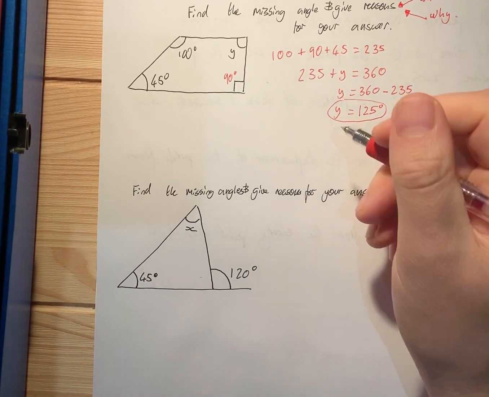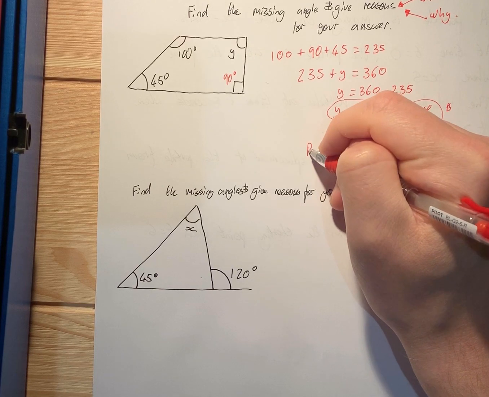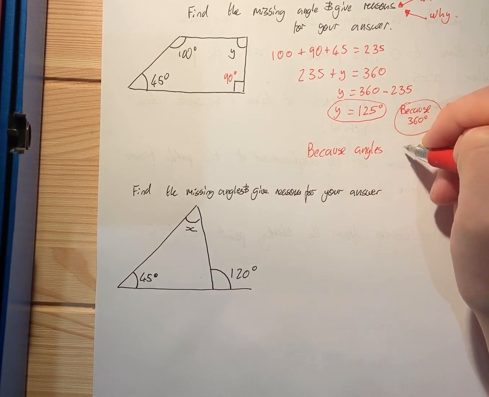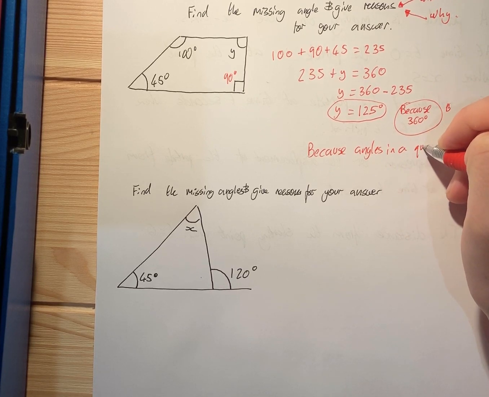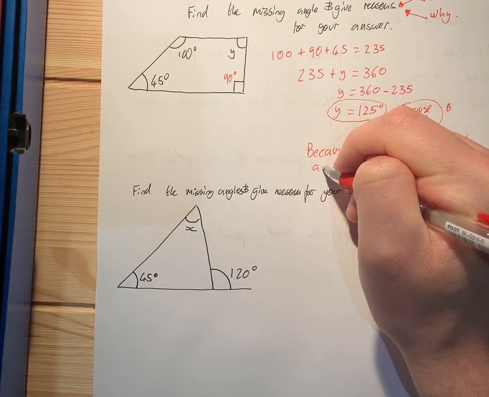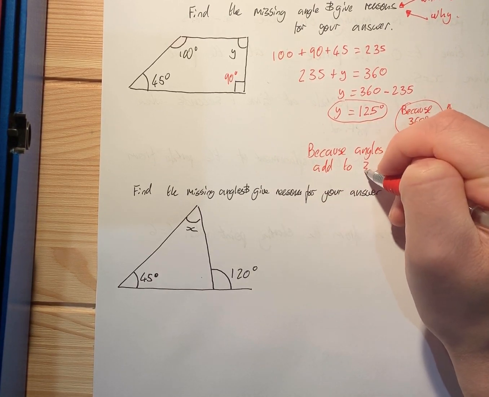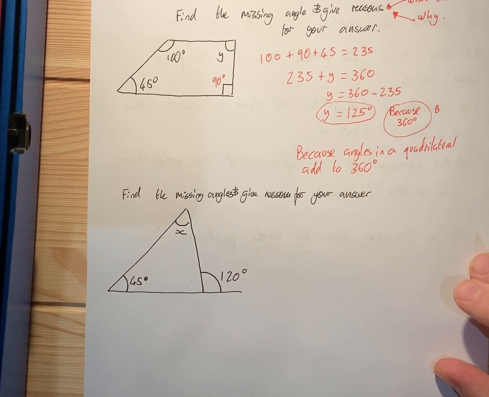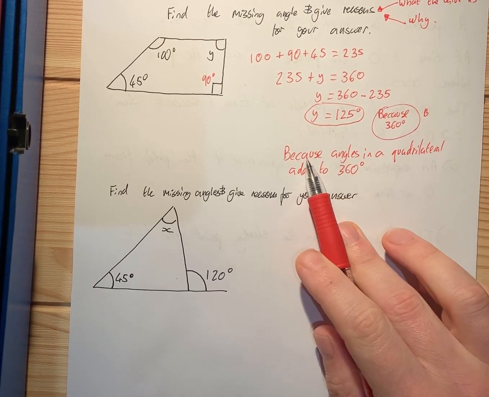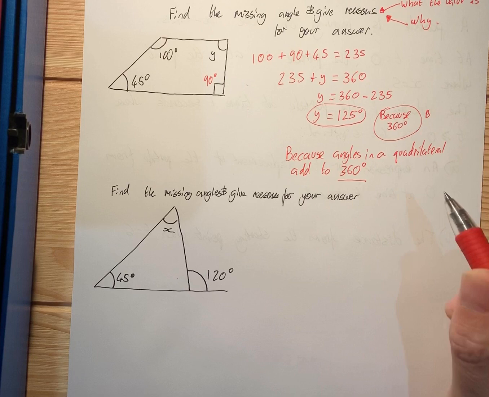So to get the marks, you said because angles in a quadrilateral add to 360 degrees. So we've got what they add to and why they add to it. What they add to: 360.